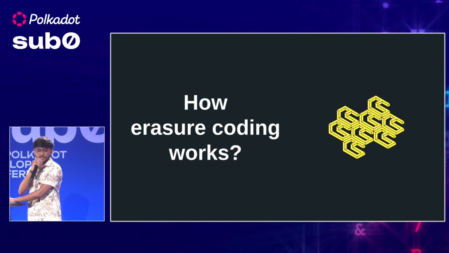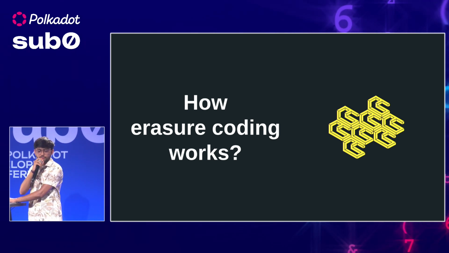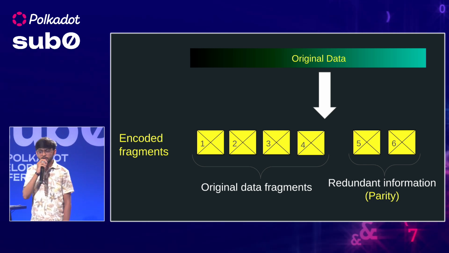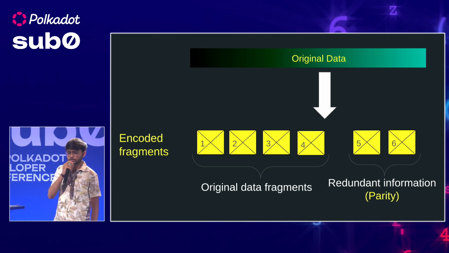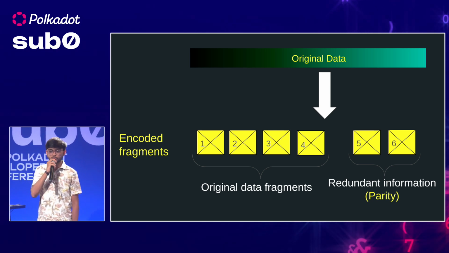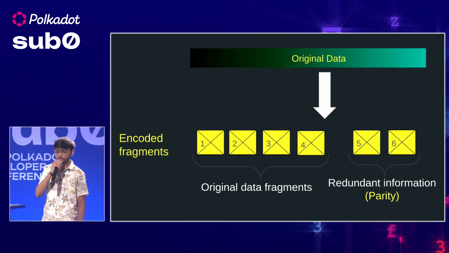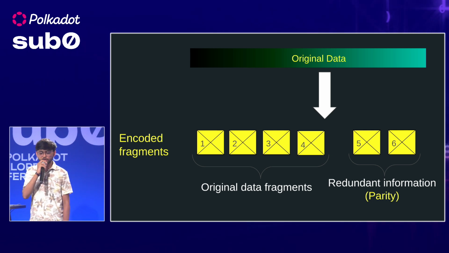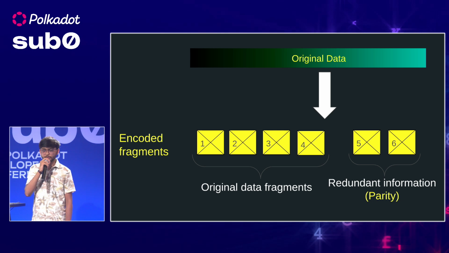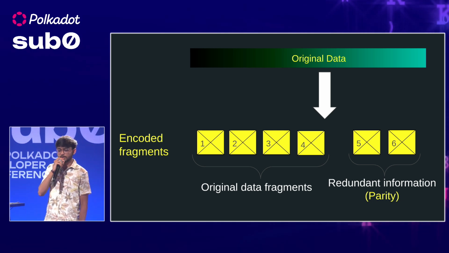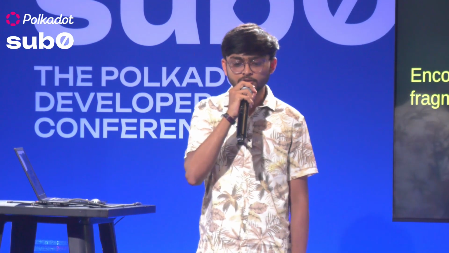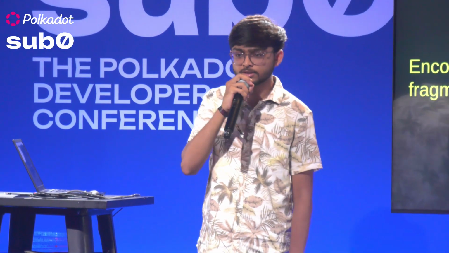Okay, so let's find out how erasure coding actually works. If we have some important data and 6 storage devices, and we want to store redundant information in 2 of them, erasure coding will create a total of 6 fragments of that data, out of which 2 will be redundant information and 4 will be original data fragments.